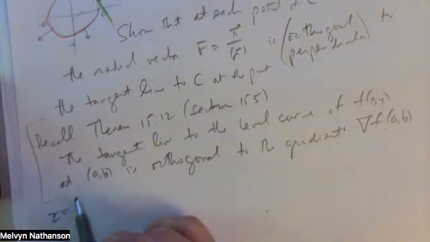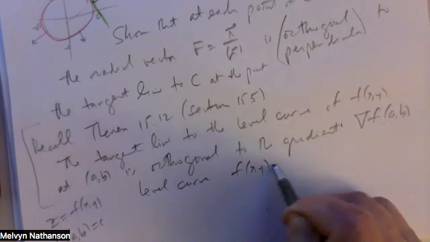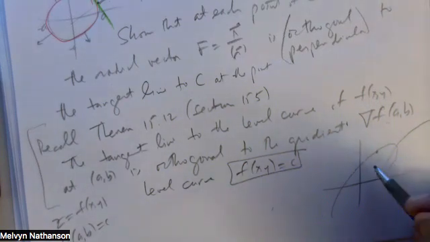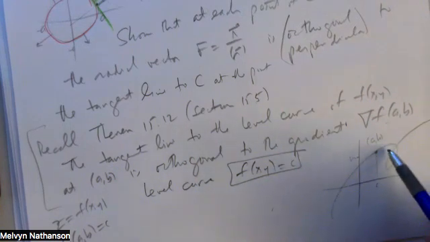So let's recall what that means. Suppose we have a function z equals f of x, y, and point A, B that says f of A, B is equal to some number c. So we have the level curve f of x, y equals c. Right? So in the plane, we have some curve, and these are all the points where f of x, y equals c. In particular, the point A, B lies on that curve.